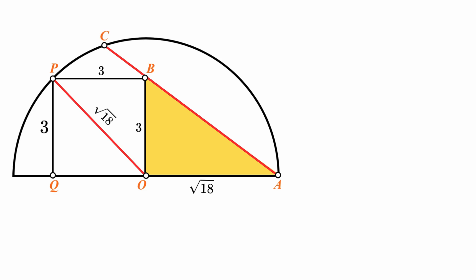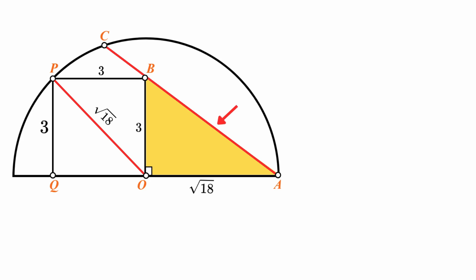Alright, now let's have a look at triangle OBA. This is a right-angled triangle because leg OB is the vertical side of the square, and the bottom of the square aligns with the diameter of the semicircle. The right angle is at O. So, we apply the Pythagorean theorem to find the hypotenuse BA.